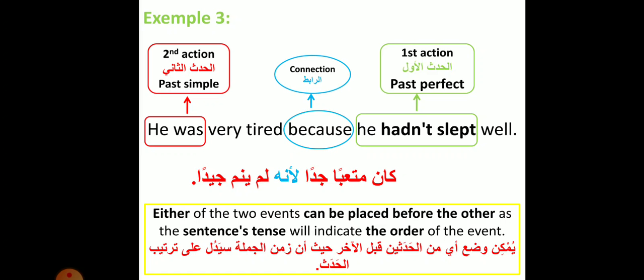He hadn't slept well is the first action, because is the connection. It connects two actions. He was very tired. Okay, he was, verb to be in the simple past. This is the second action. From the conjugation, we know which one comes first and which one comes second.